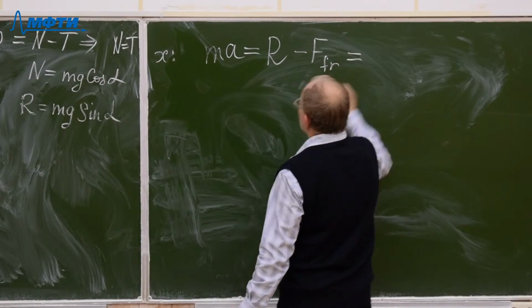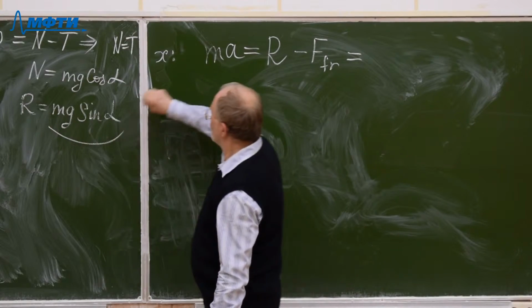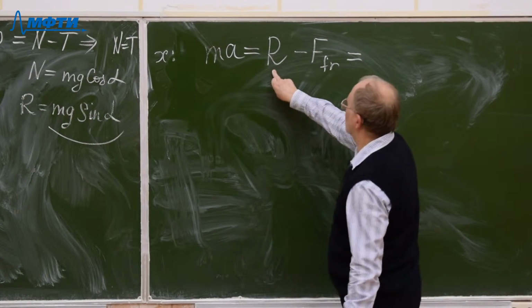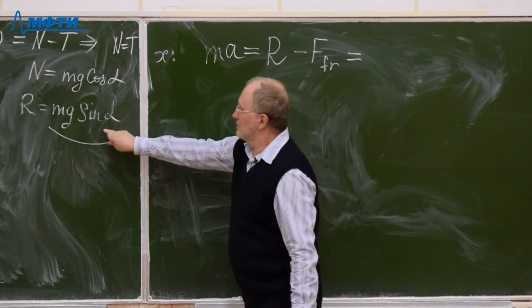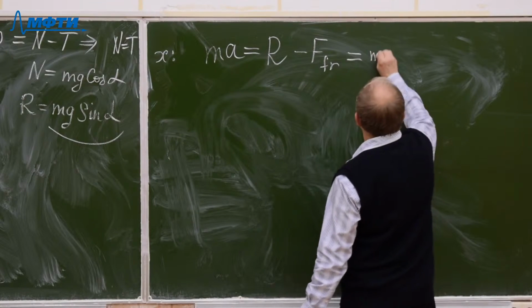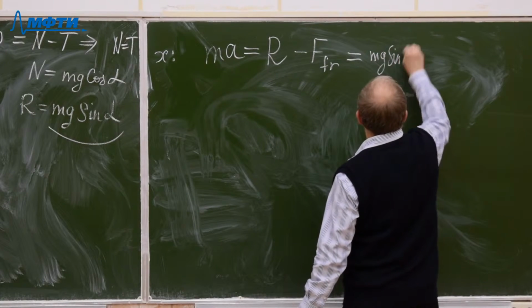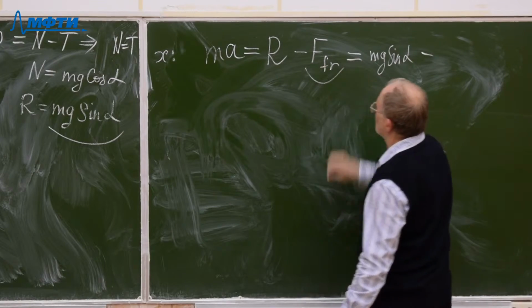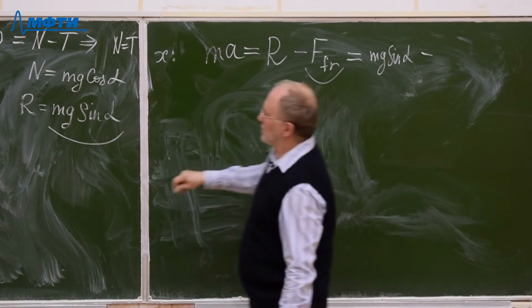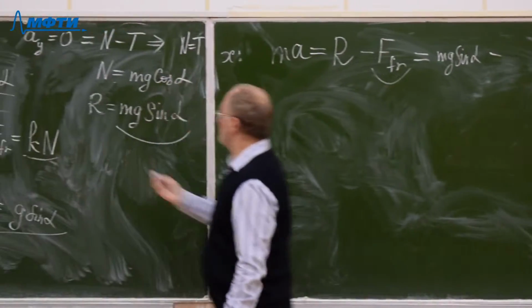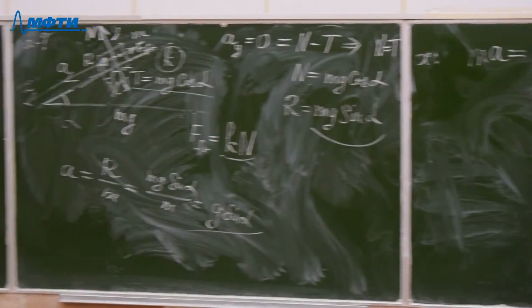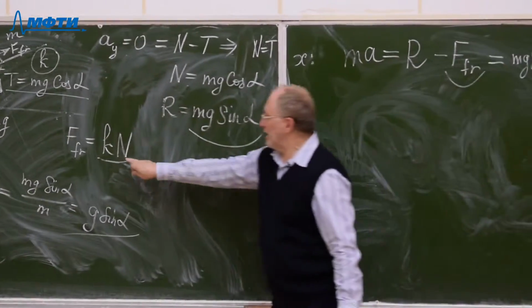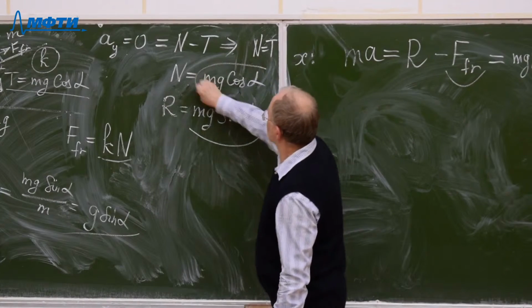Yes, we know what R is. We may substitute for R this expression, mg sine alpha, minus F, the force of friction. And we know the force of friction, kN, and we will substitute for N this expression.